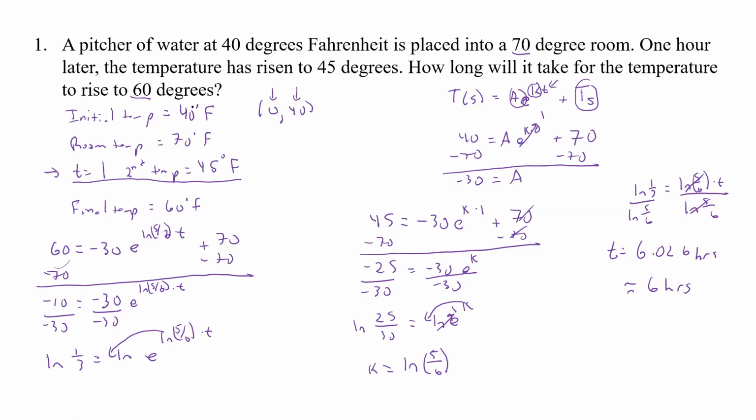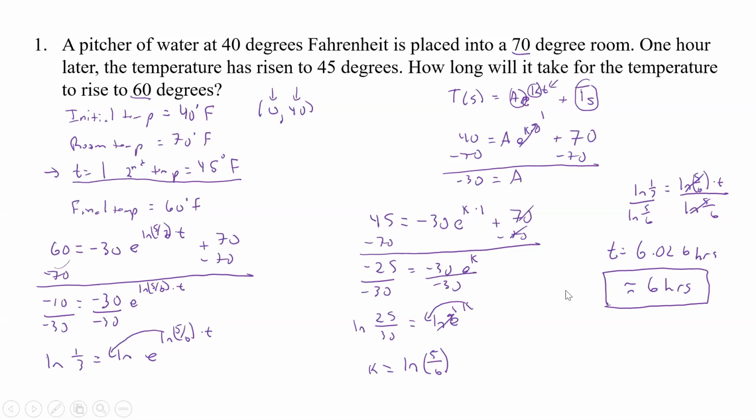When we went from the 40 to the 45, we got that rate constant, and based on that, with everything continuous in that manner, about 6 hours is how long it takes to get to that temperature. All right, so again, nothing super hard.